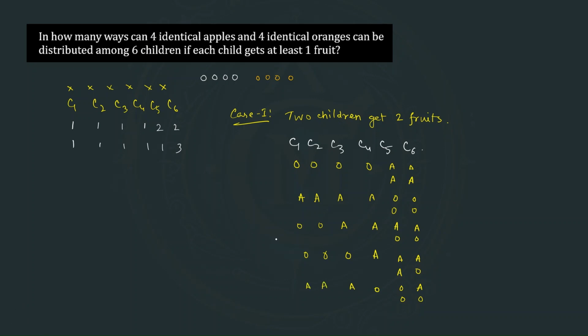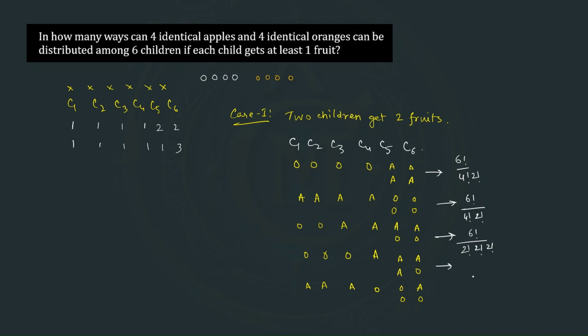Now we have to also count the number of permutations. So here it can be arranged in 6 factorial by 4 factorial 2 factorial ways. Here it can also be arranged 6 factorial by 4 factorial 2 factorial ways. Now here there are 6 factorial divided by 2 factorial 2 factorial 2 factorial cases.